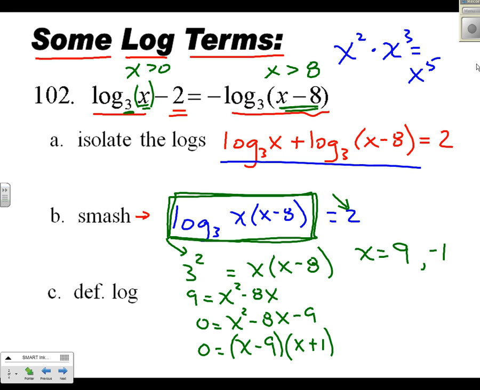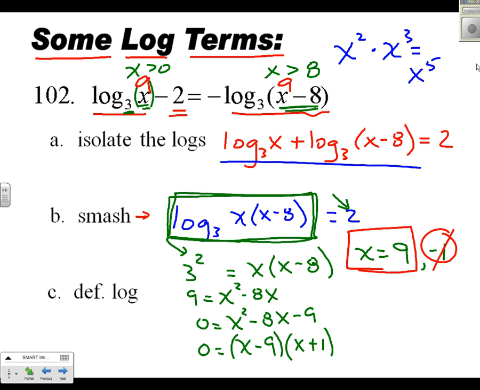And clearly, x cannot be negative 1. But putting a 9 in here and putting a 9 in here, that works out just fine. So the final solution is x is just 9. Two solutions should be a red flag. It can happen, but it's not going to happen with linear arguments, however.